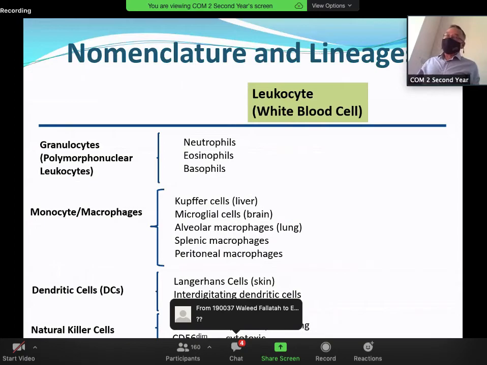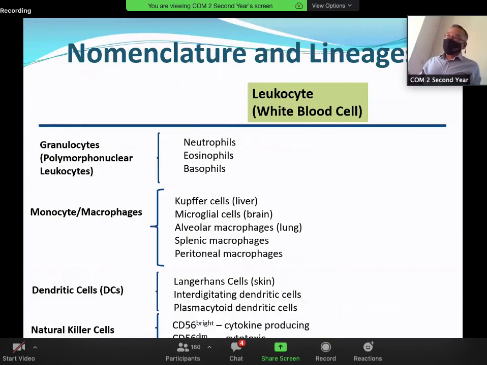If you take a blood smear, you will identify monocytes. When they get activated, we call these macrophages. And the thing about the monocyte macrophages is that they are a wide continuum of cells, all at different stages, with different functions.